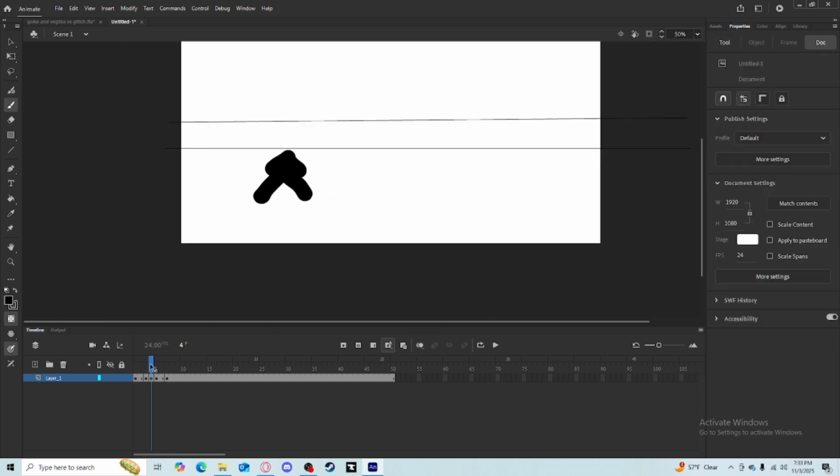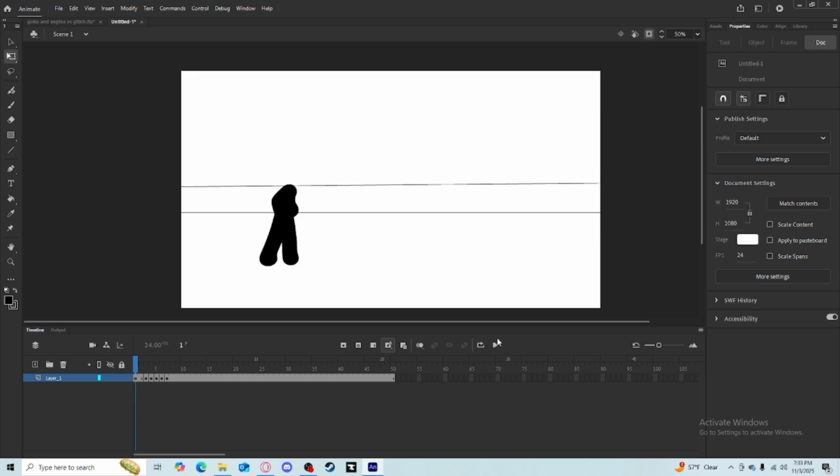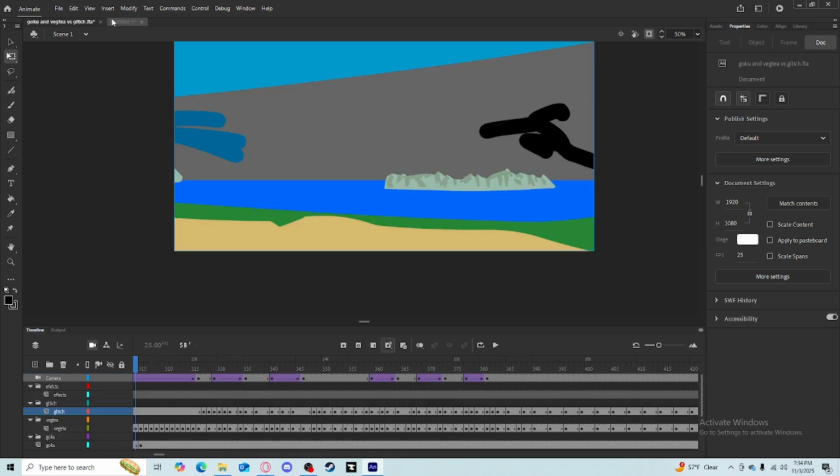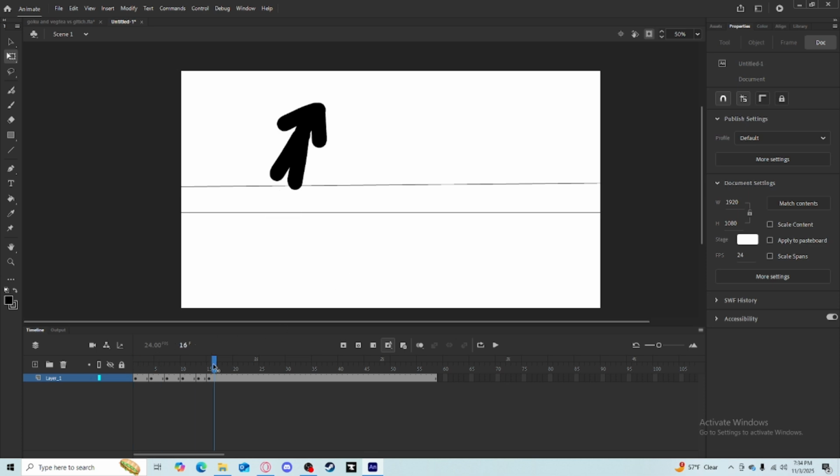I would draw my in-between frames, boom, boom, he's going down, he's getting down, and then whoo, he just jumps up. And it's a fast reaction too. Well, this should be really slow. So make sure there's an extra frame in between your frames if you're using Adobe Animate. But that's basically how I do it.